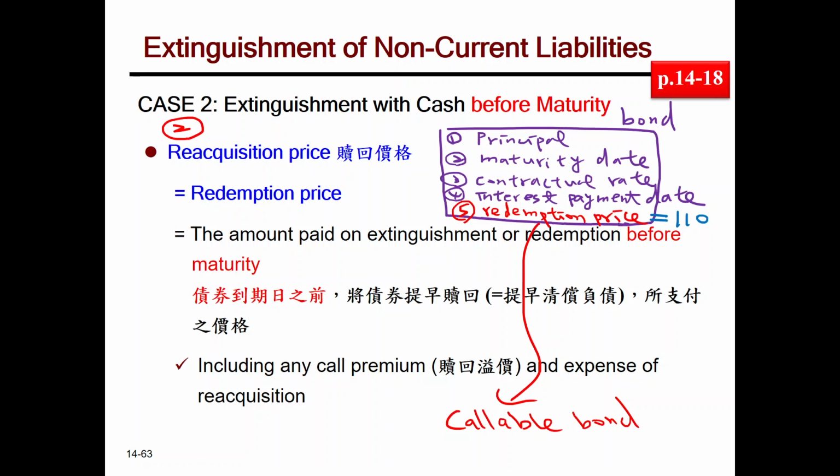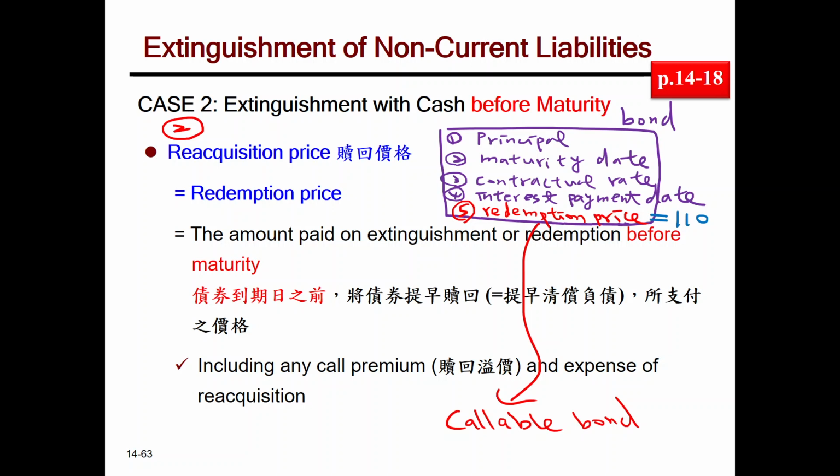Okay. So after that, I have book value, the first number. I have redemption price, the second number. So usually these two numbers will not be the same, because book value is based on accounting methods: discount, premium, amortization. Redemption price is the deal we made at the beginning.